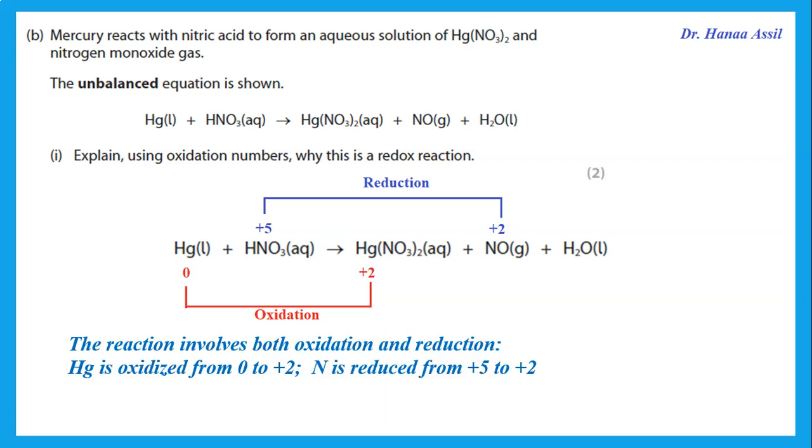So this is redox because the reaction involves both oxidation and reduction, and you have to mention which one was oxidized, what the oxidation numbers are, and which is reduced. So mercury is oxidized from 0 to +2. Nitrogen is reduced from +5 to +2.